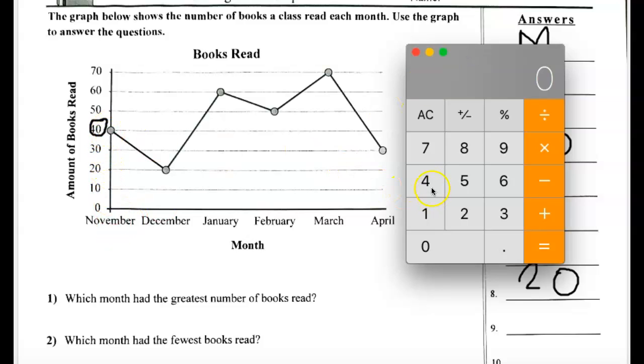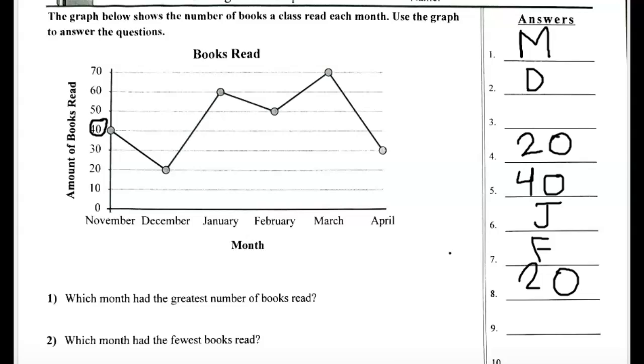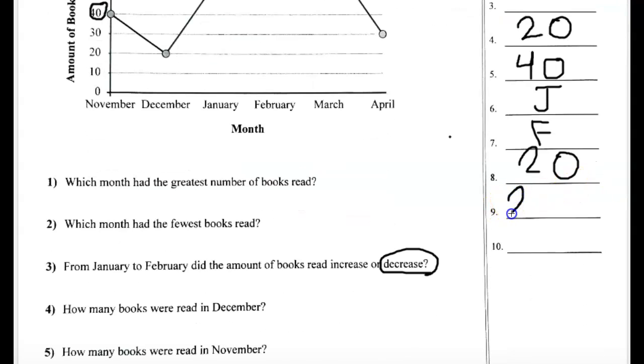The first one is 40, plus December is 20, plus January is 60, plus February is 50, plus March is 70, and our last one is April at 30. Then you press equals, and we get 270. So we're going to write 270.